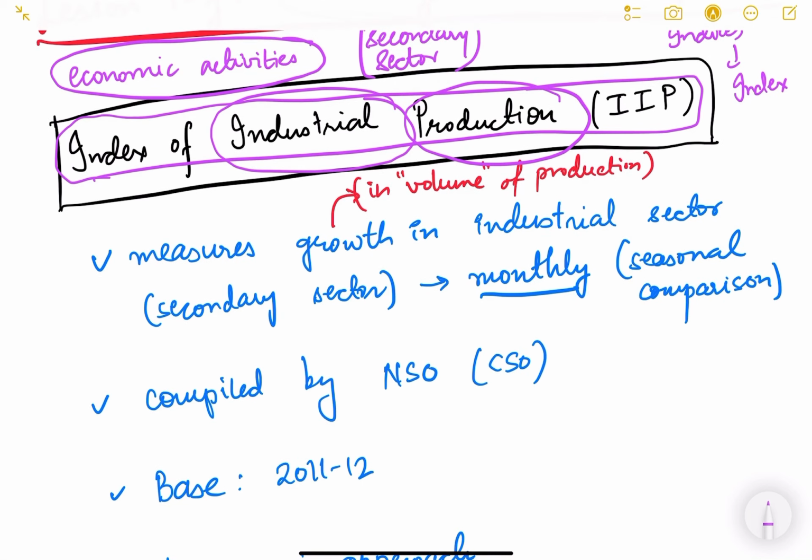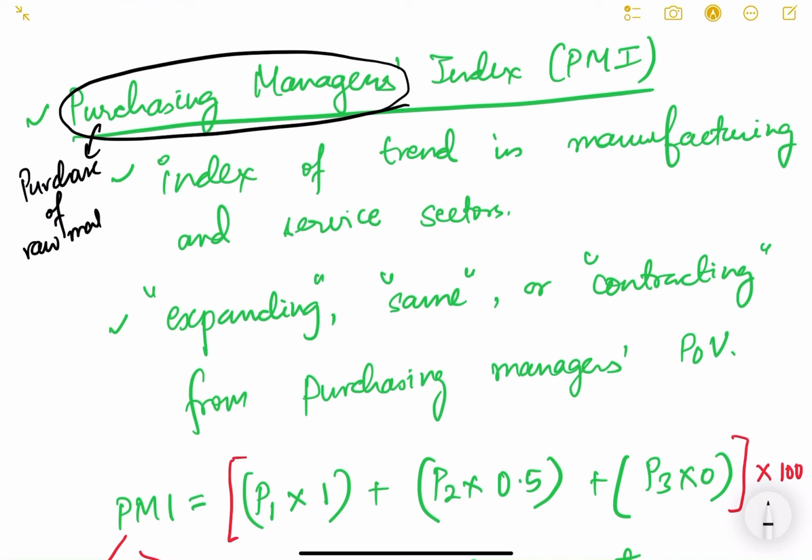Now the next thing that we are going to see is Purchasing Managers Index. This Purchasing Managers Index is basically an index of expectation of the purchasing manager. In every company there is a purchasing manager who is responsible for purchase of raw materials and also disposal of inventories in every firm.